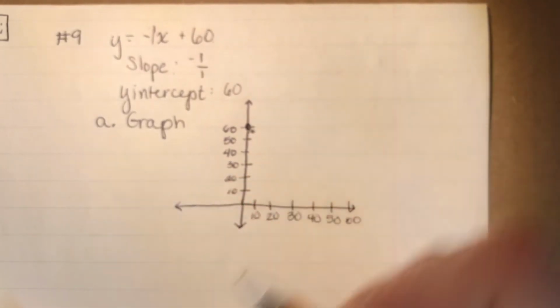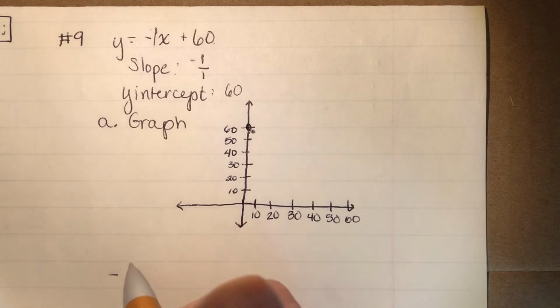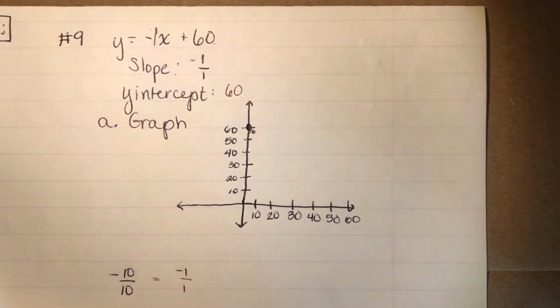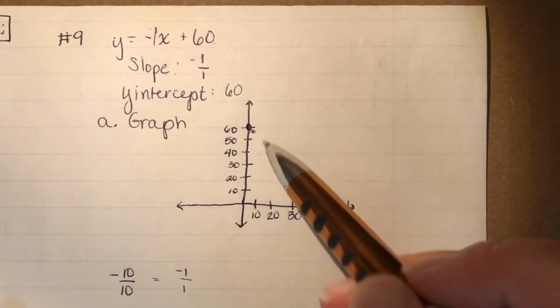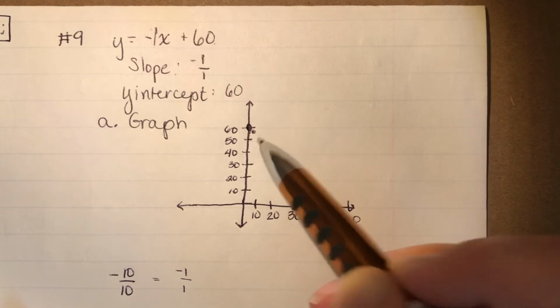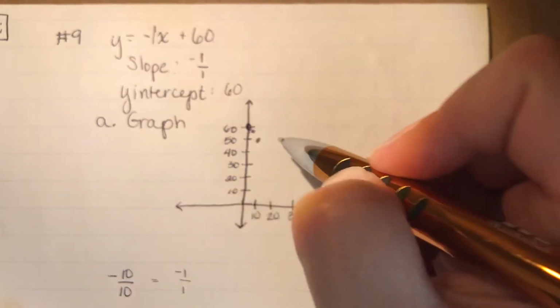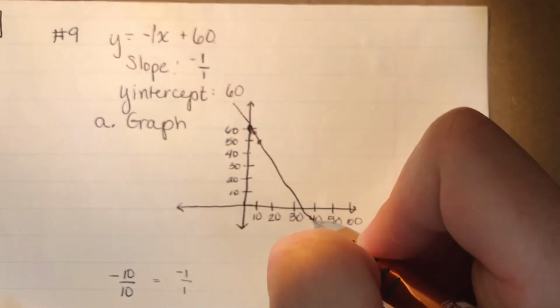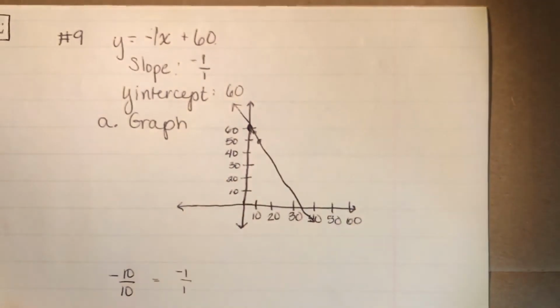If I was going by tens, look at this. If I were to write -10 over 10, isn't that equal to -1 over 1? So for this one, I might even think about if I go down 10 over 10, it might be easier to graph it. But otherwise, the down 1 over 1 works. It's just that it's so small. And that's what it looks like.